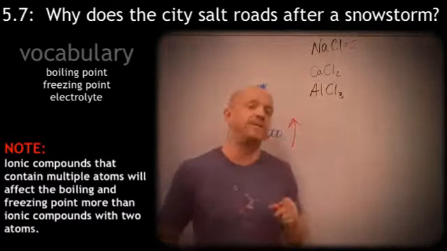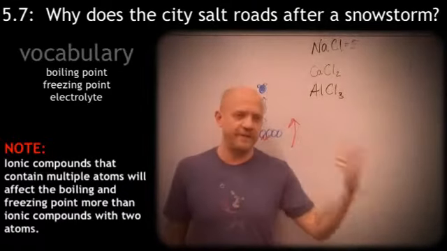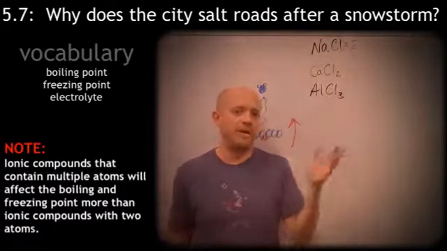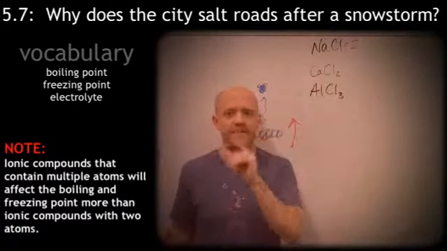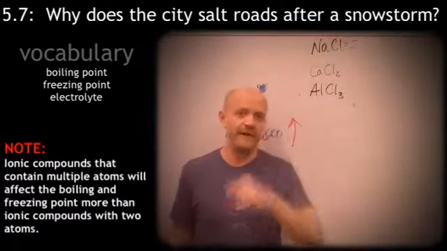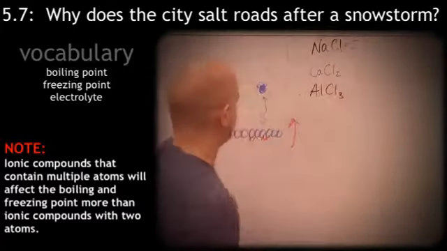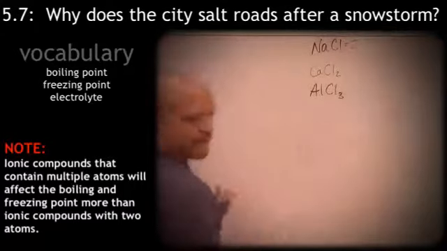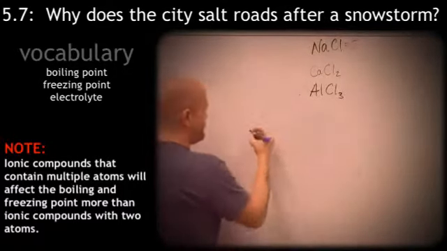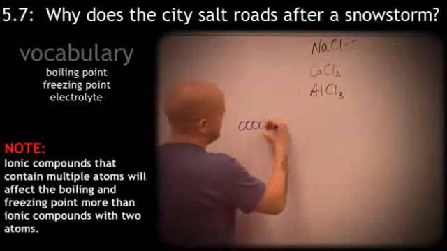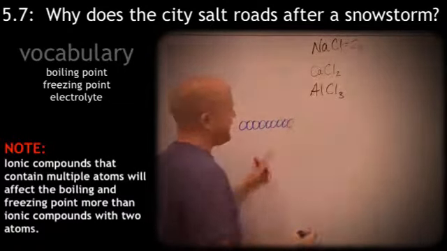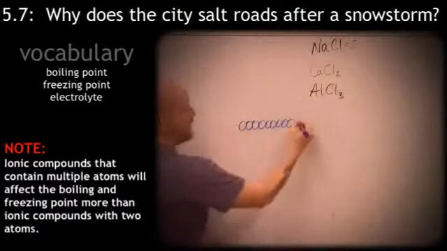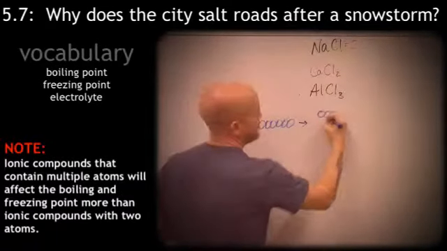You will notice this as well if you boil fresh water from the tap and you boil salt water. The salt water is going to take longer to boil if you start them at the exact same time. Try it out at home. Now let's look at another example: the freezing point. In order for something to freeze, it needs to cool down enough to form a solid.